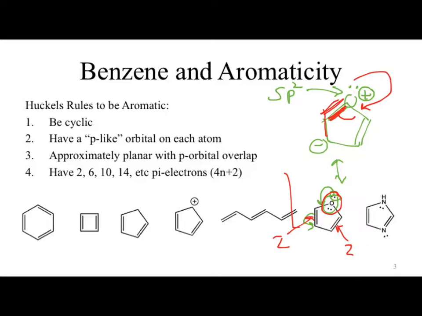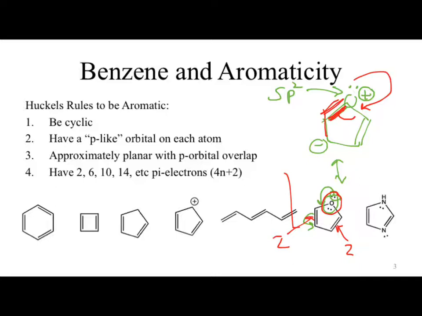I'll try and bring a model kit to show this on Thursday as well, so you can see what happens to those electrons and where they end up shifting. As we bring one lone pair into the ring, the other lone pair necessarily has to move out of the ring, which I can vaguely attempt to do with my hands.